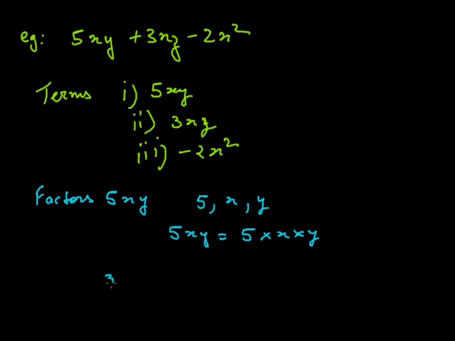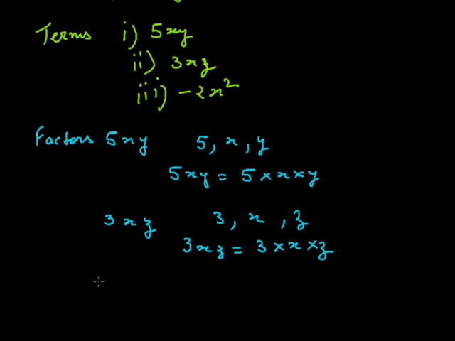Factors of 3xz are 3x and z, since 3xz is obtained by multiplying 3 by x and z. The factors of minus 2x square are minus 2x and x, since minus 2x square is obtained by the product of minus 2 with x and x.